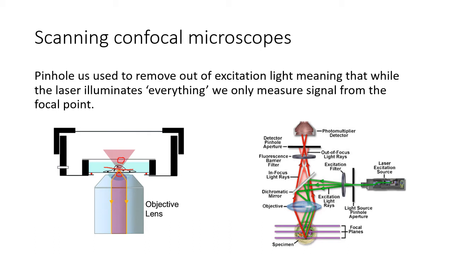But then we have something called a pinhole, which is here on the light path, which makes sure that the light that doesn't come from the focal plane will be excluded from the detection, and this allows us to see a very narrow slice of your sample.